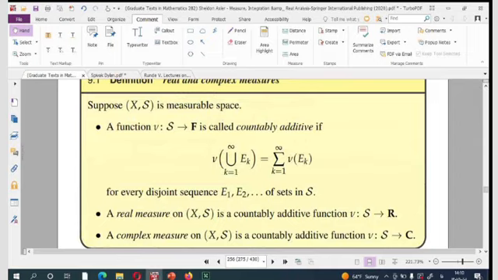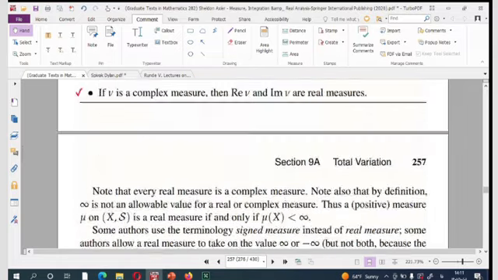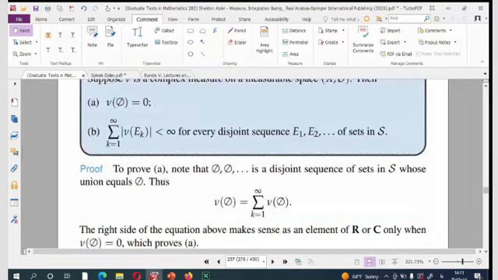We only say that nu must be countably additive. We don't assume that nu of the empty set equals 0, but this condition automatically holds.